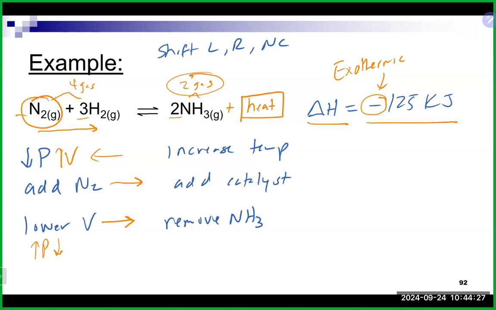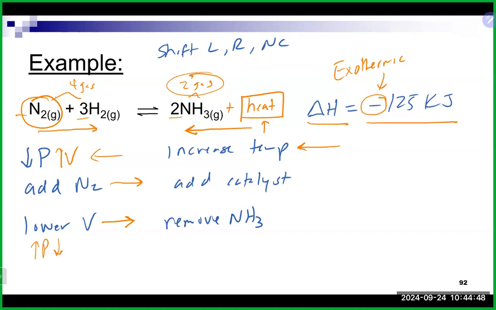And that means that if we increase it, it would be like increasing the products, which should kick off the reverse reaction to occur. And it should go away from the side we increased it from and should shift to the left in this case. Any questions on that there?